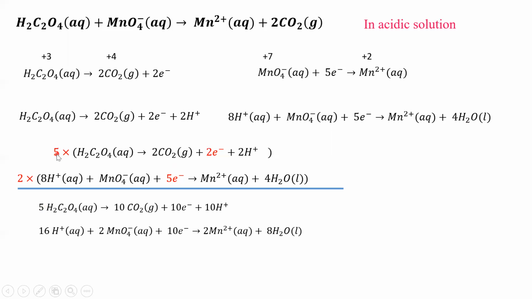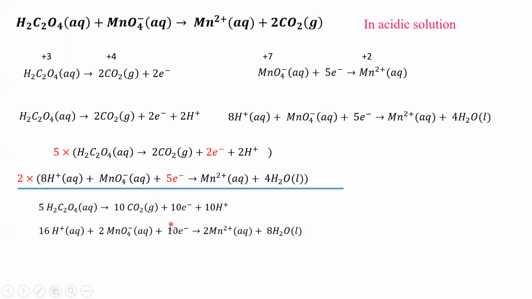So we distribute this 5. So 5, 10, 10, and 16, 2, 10, 2, and 8. Now, electrons lost in the oxidation equal electrons gained in the reduction.